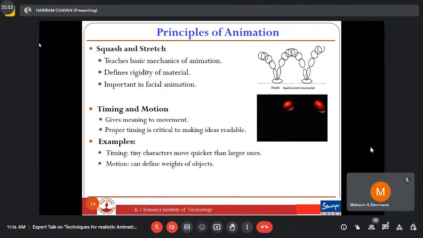Now if you see the squash and stretch in the bouncing ball, if I change the speed, then the number of frames generated within a second, as we talked about minimum 24 frames or minimum 30 frames, otherwise it won't give me the moving impact. So when and how you will be using the time frame for motion sequence matters.